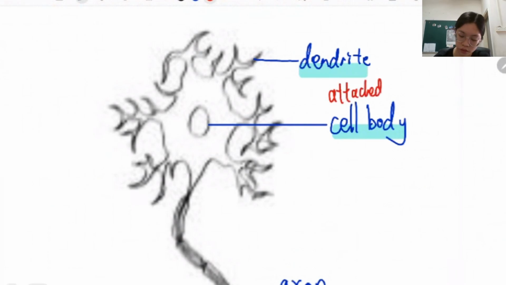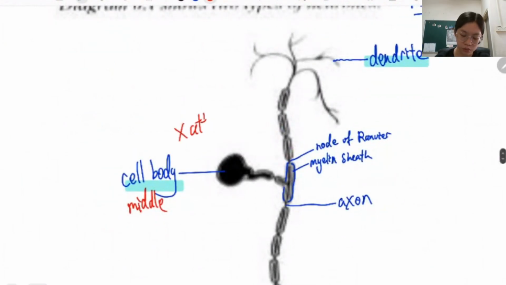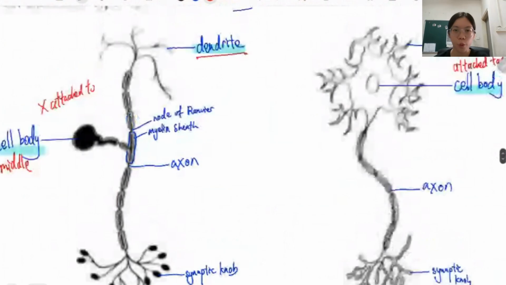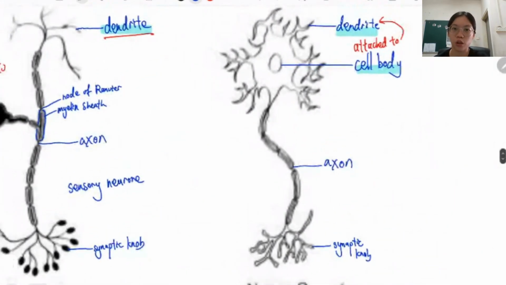But for this one, the cell body is in the middle and not attached to the dendrite. Very obvious, this one is the sensory neuron, and this is the motor neuron.